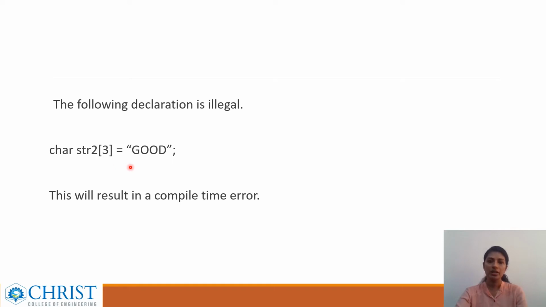So actually str2 should be of size 5, that is, 1 space for each character, GOOD 4, plus 1 for the null character. So in total 5. If we give str2 a size of 5 in the square brackets, there will not be any compile time error.